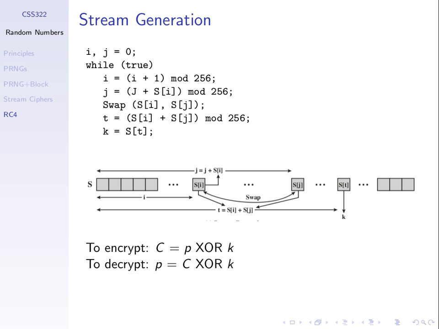Sorry, S_j, J is 3, S3 is 3. That is, S1 is 4, S3 is 3. That's this step for the value of T.